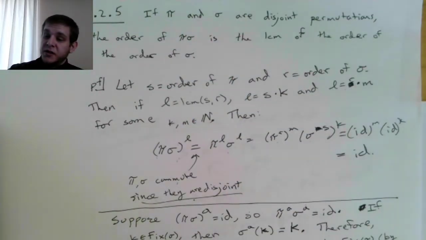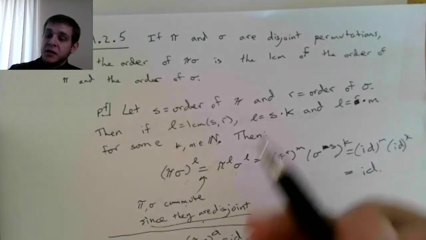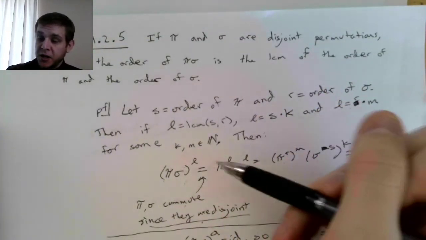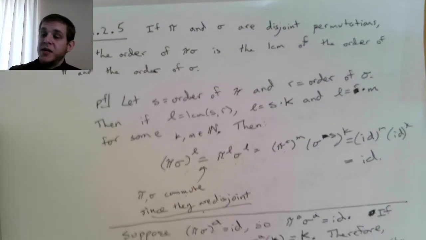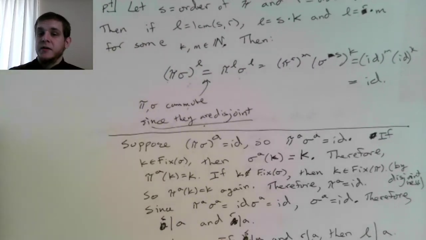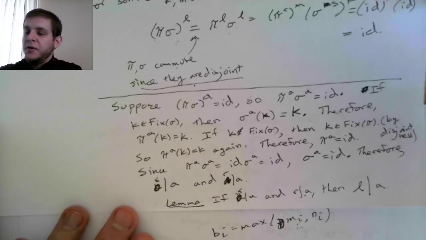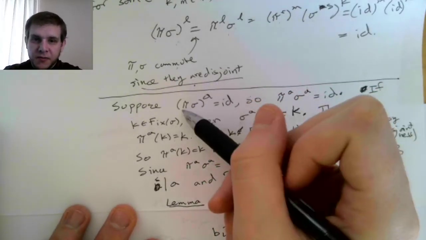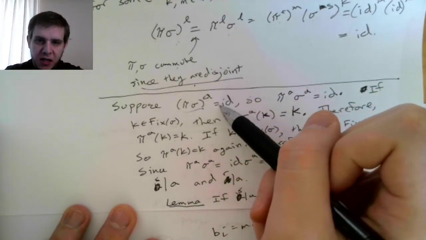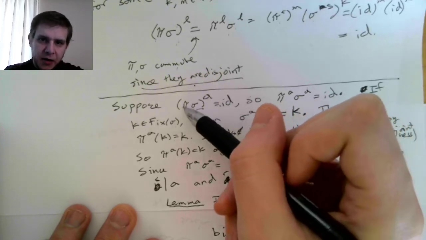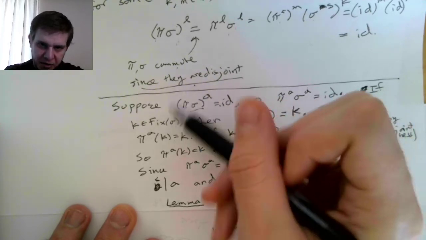Now, what is the order? This shows that the order is certainly smaller than L, but why is it equal to L? Well, the idea is to show that if you have any power A of sigma pi that's equal to the identity, it has to be a multiple of the order of pi, or a period of pi.